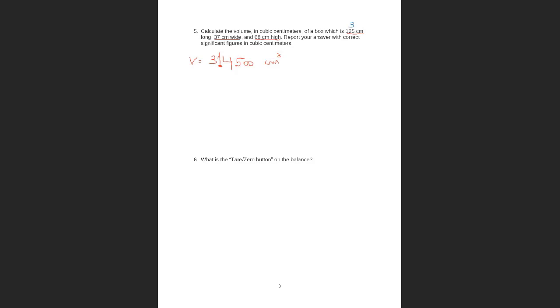How many sig figs in 37? 2. And how many sig figs in 68? 2. Very good. So what is the number of sig figs that the volume has to have? 2. Very good. 2.